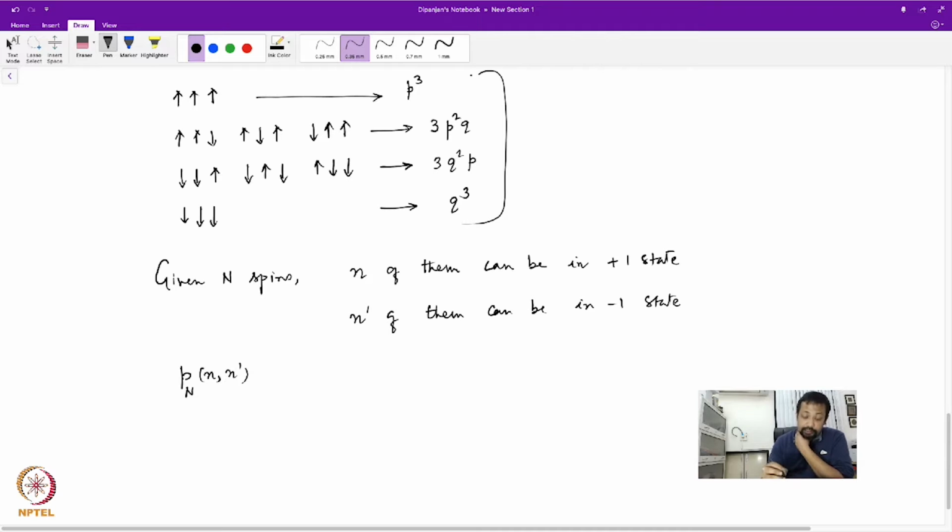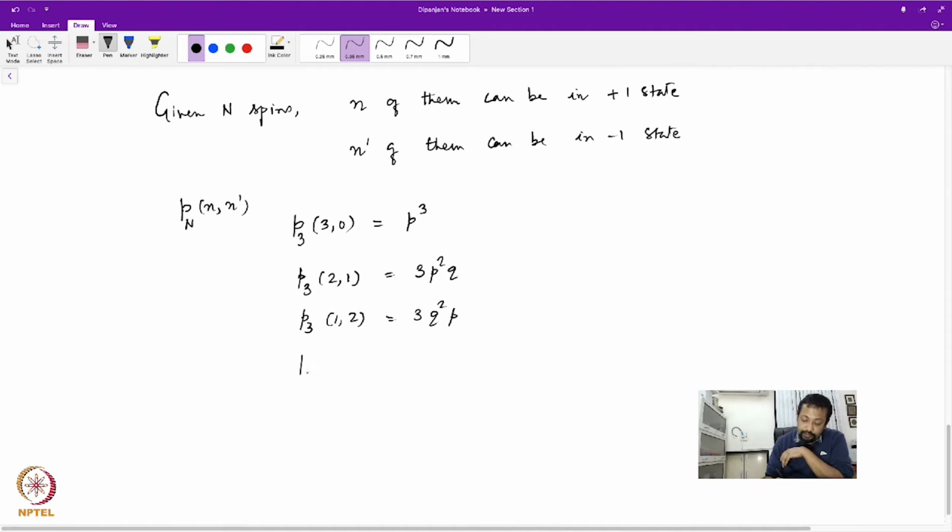So for example, in the example we illustrated a little while ago, P_3(3, 0) is p cube. P_3(2, 1) is 3p square q. P_3(1, 2) is 3q square p, and finally P_3(0, 3) is q cube, right?